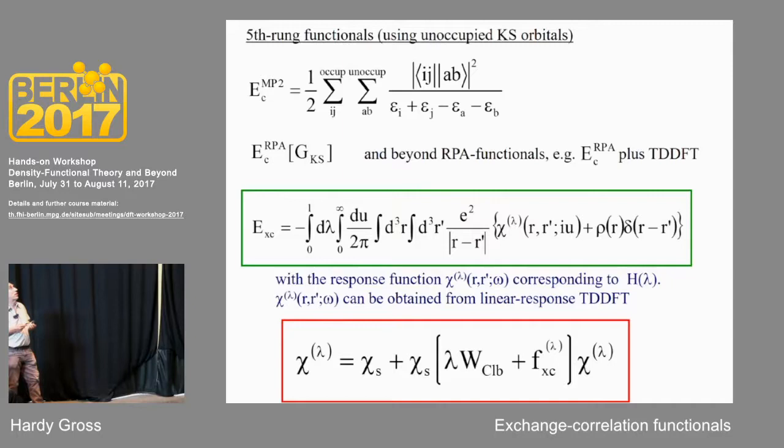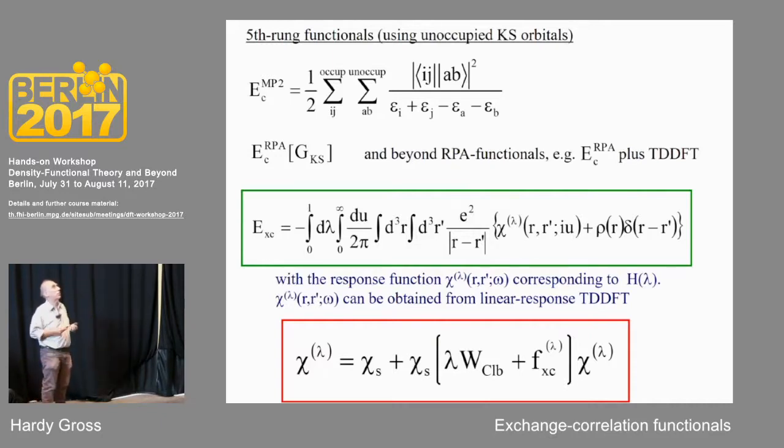So typically those are functionals of the Kohn-Sham Green's function. The Kohn-Sham Green's function itself is a functional of orbitals. So in this way, if you take your favorite perturbative expression, you can get functionals of orbitals. And you can go beyond RPA by including vertex corrections and other sophisticated things.